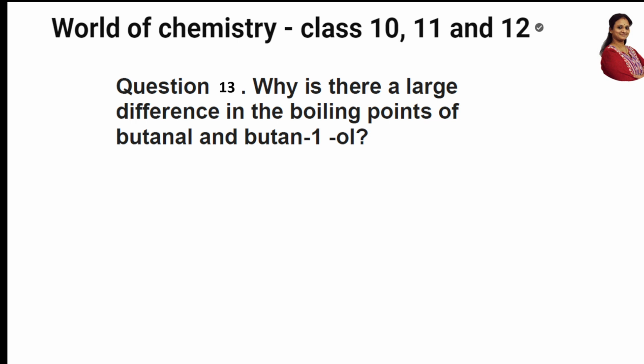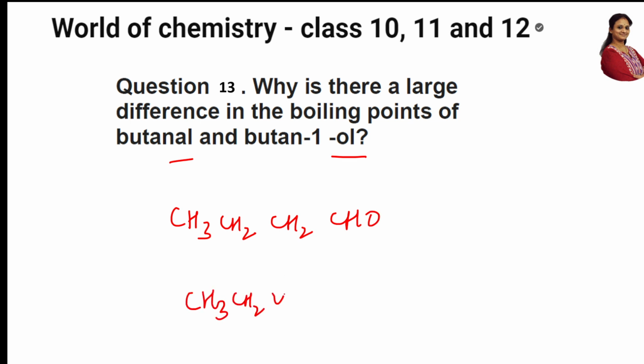They are asking me to compare an aldehyde and an alcohol. Correct? First of all, butanal, CH3CH2CH2CHO. Now butanol, 1-butanol, CH3CH2CH2CH2OH. This is butanol.